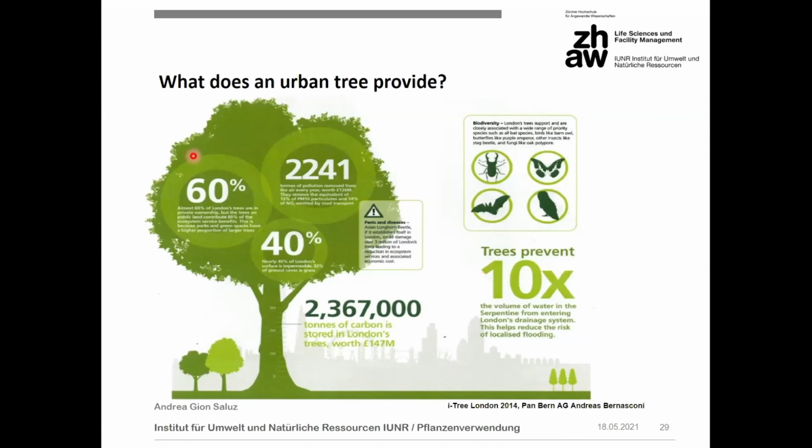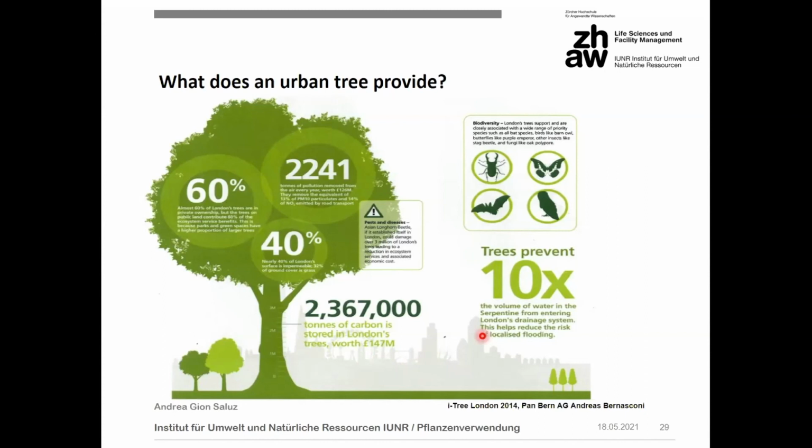So they have a graph which says, for example, that 2.3 million tons of carbon is stored in London city trees, which is worth 147 million pounds. And this is something you are surprised about, the amount of this monetary value.